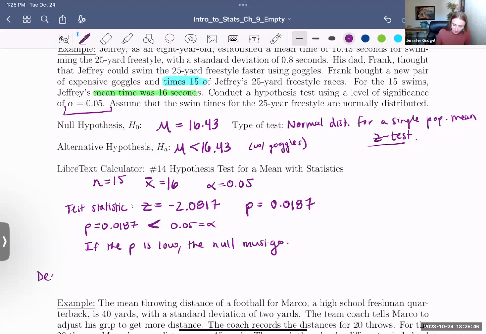My decision is that I reject H naught. I reject the null hypothesis. And if I reject the null hypothesis, that means that the alternative, HA, is true. This is the ideal situation. This is the situation where we have sufficient evidence.